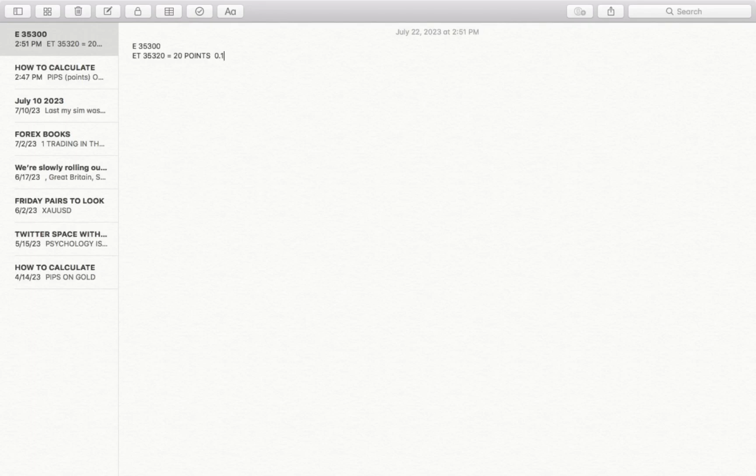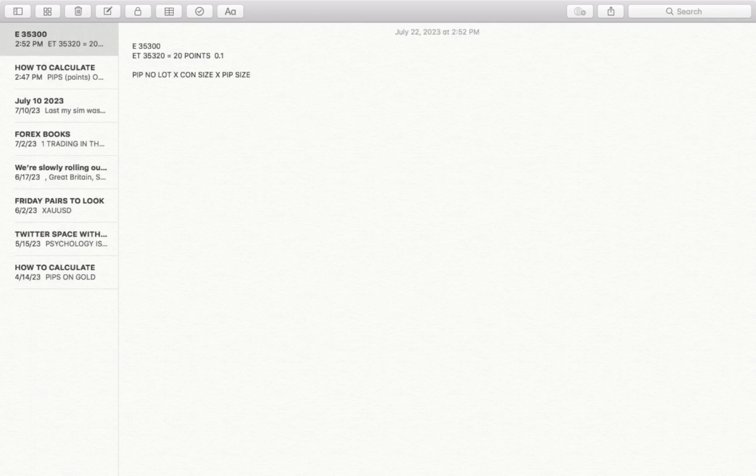So suppose I'm using 0.1, this 0.1 is gonna give us 10 cents per point. From our calculation that we did, we said the pip value equals the lot size times the contract size times the pip size.